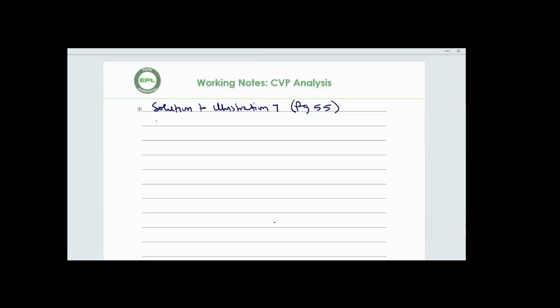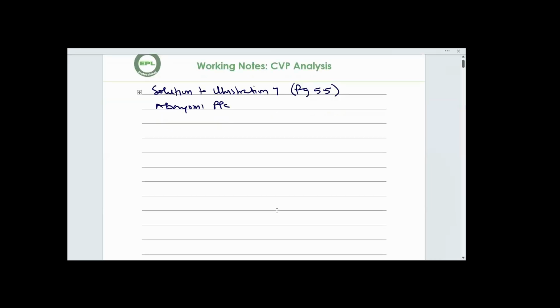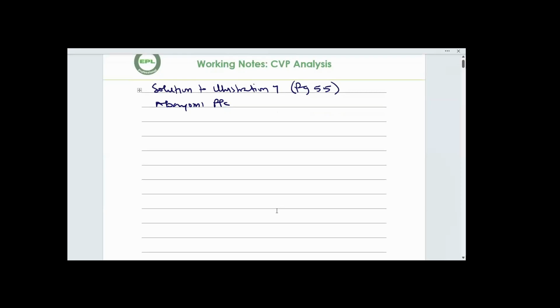The name of the company is Abayomi PLC. So the examiner is asking us to determine break-even points in units. We can't just go straight to estimate break-even points in units for a multi-product organization. You have to follow that procedure.